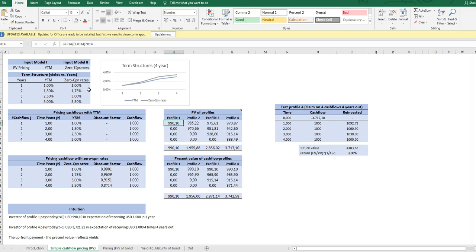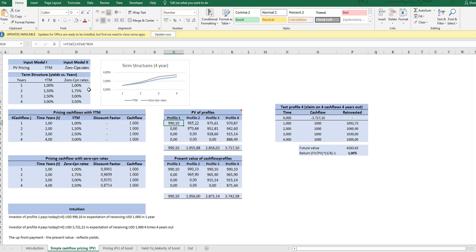That is the return that he is looking for. And the return that he wants is the yield to maturity on year 1. So 1%. That's the required return for investors buying this product.